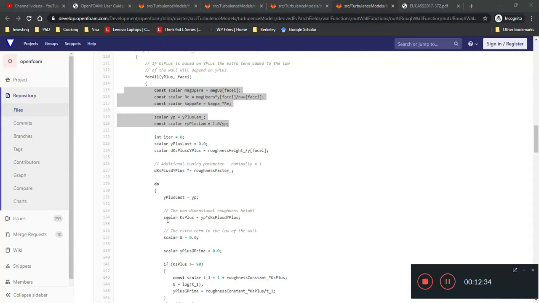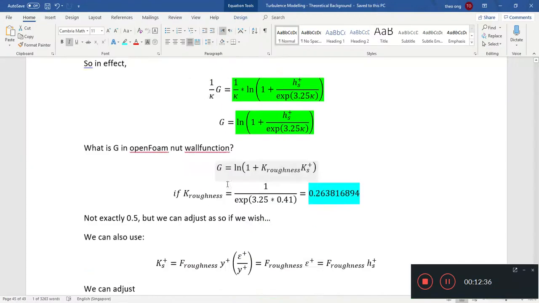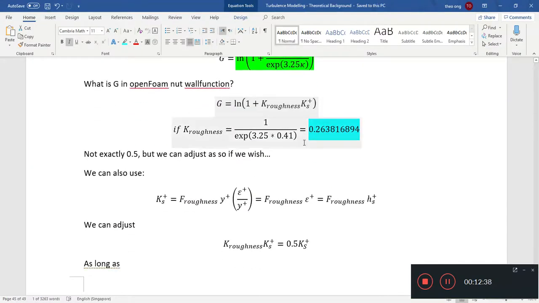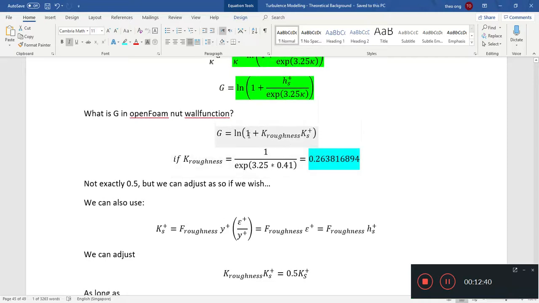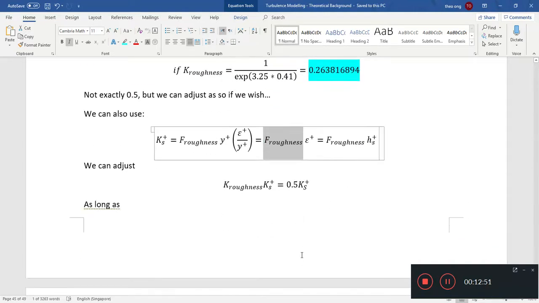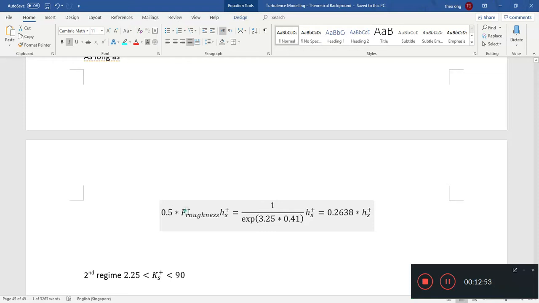So what I was trying to say for the last 2 to 3 minutes is basically this: if we want this number K roughness to equal 0.5 as we set in our default settings, we will have to alter the F roughness to compensate, so that F roughness times 0.5 equals this 0.2638.